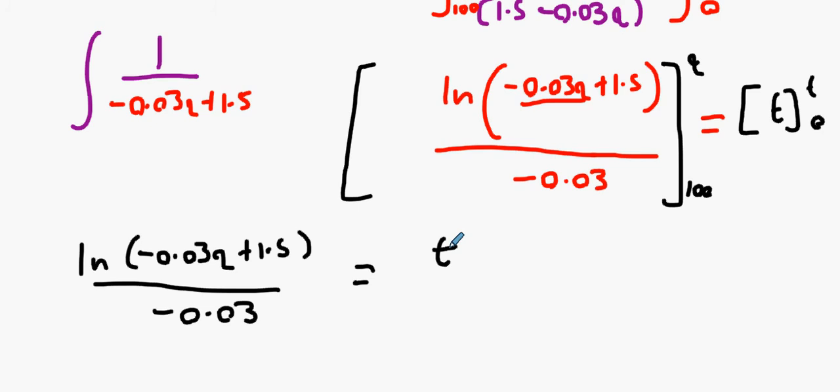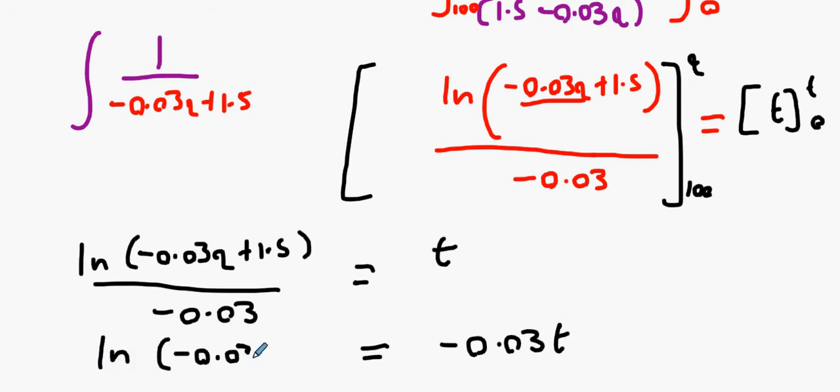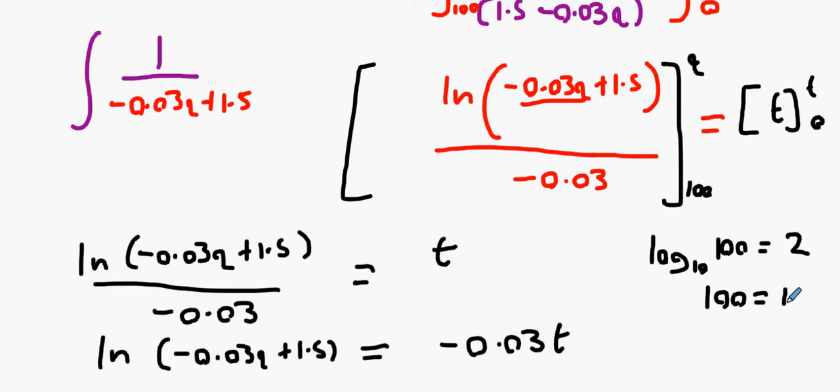Happy days. Cross multiply up to minus 0.03, so minus 0.03t equals ln of minus 0.03q plus 1.5. Now please remember a bit about logs. If I said log base 10 of 100 equals 2, you would then say 100 equals 10 to the power of 2.